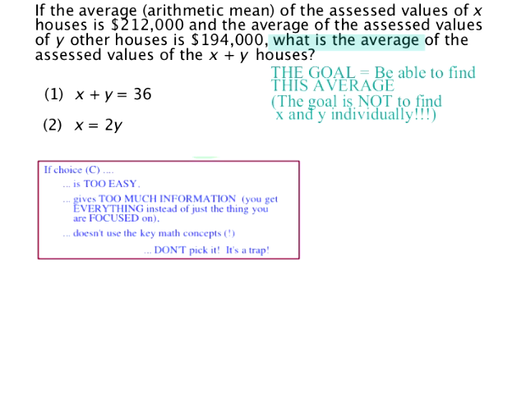That's the goal. So if you pick C, it's too easy. You just get X plus Y. You get X and Y, and then you basically have everything. It's too much information because you don't need X and Y, or want them for that matter.